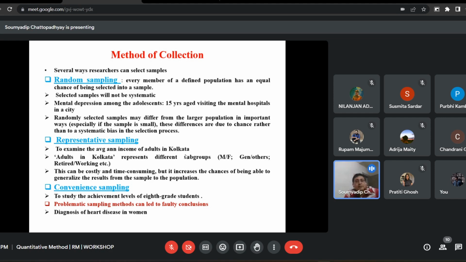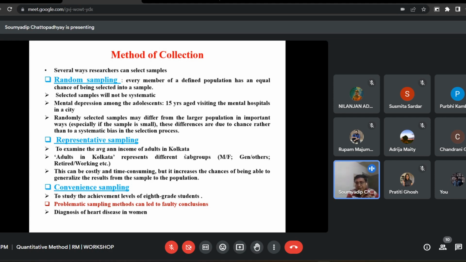But once it is done, that means if you are able to make your sampling observation representative of the true population parameter, then definitely it will increase the chances of being able to generalize the results from the sample to the population. Because as I mentioned, while you are doing this kind of exercise, your basic objective is to understand the nature of the population parameter with the help of the sampling statistic.